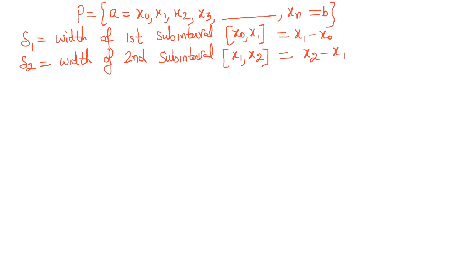Similarly, delta 3, the width of the third subinterval x2, x3, is x3 minus x2.